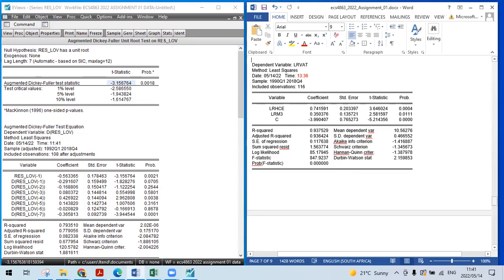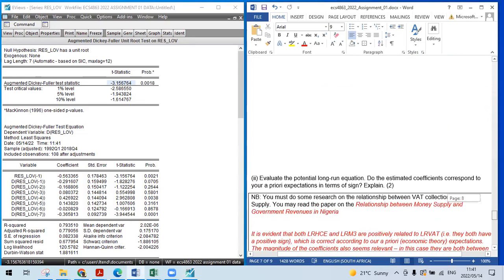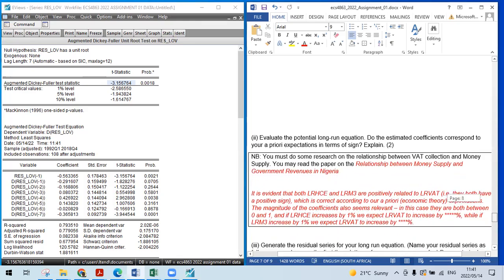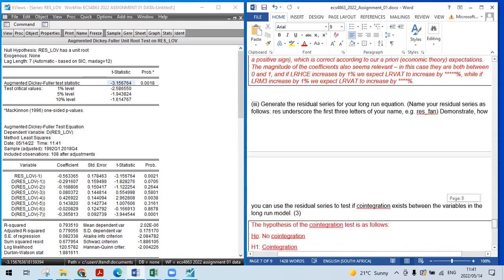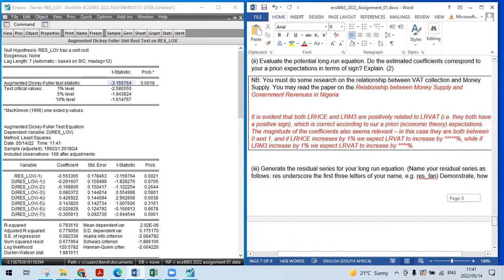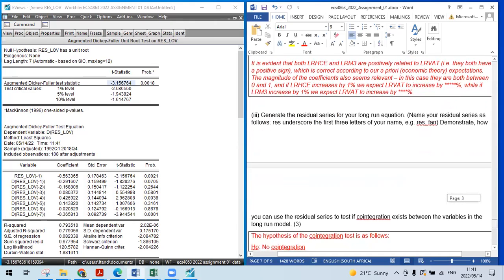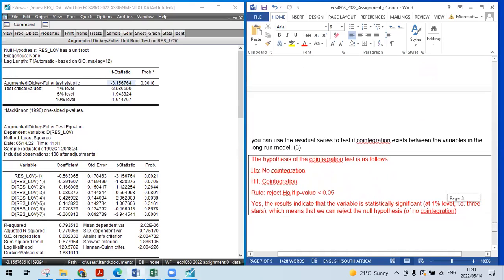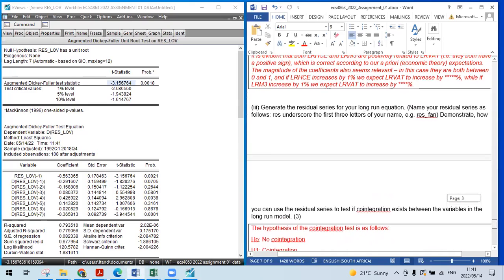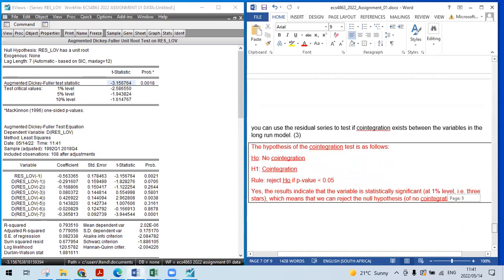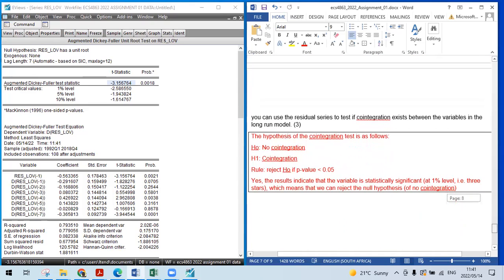So how do we present it now? Here, this is what I'm having. What is the hypothesis testing for co-integration? Obviously, the null hypothesis, we are saying there is no co-integration. The alternative hypothesis, we are saying there is co-integration.